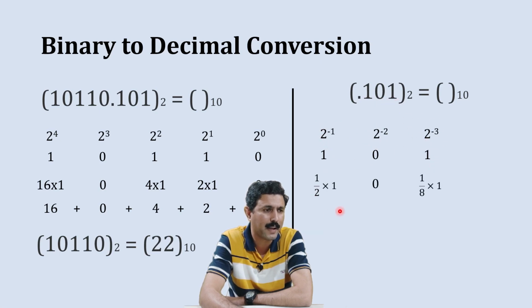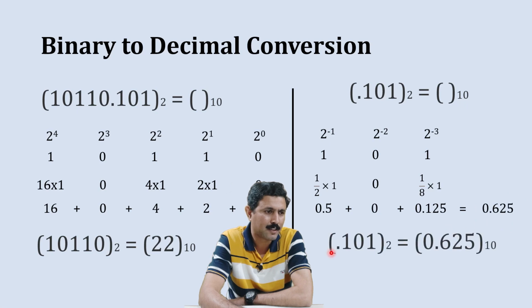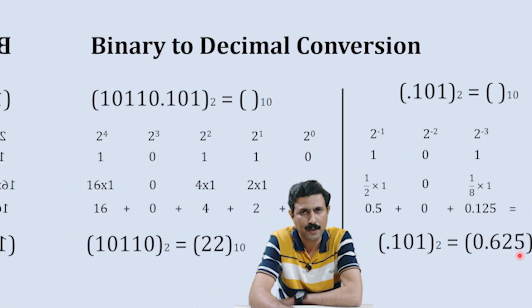So if you multiply it with the weightage, what will you get? You will get 0.5, 0 and 0.125. The next step, just add these things together and you will get 0.625. So the decimal equivalent of 0.101 is 0.625.